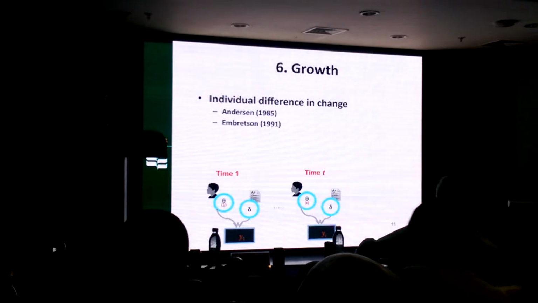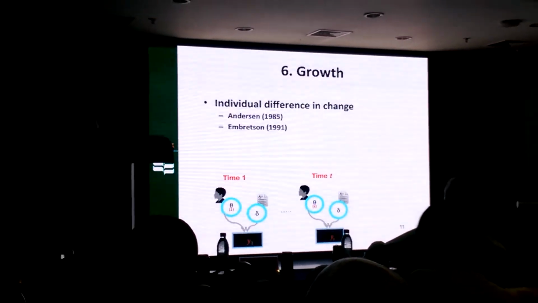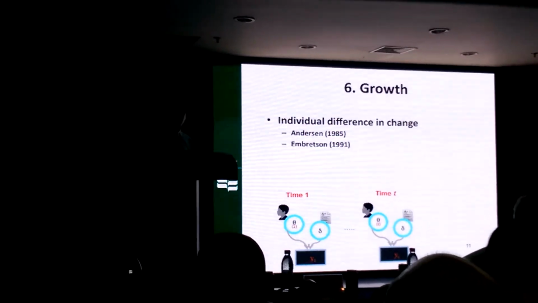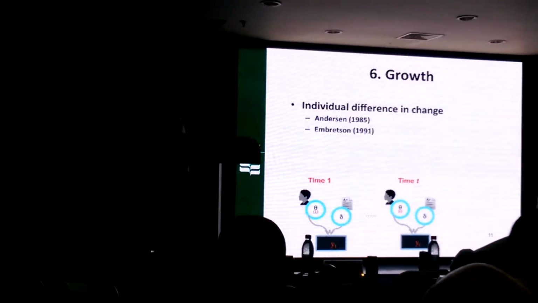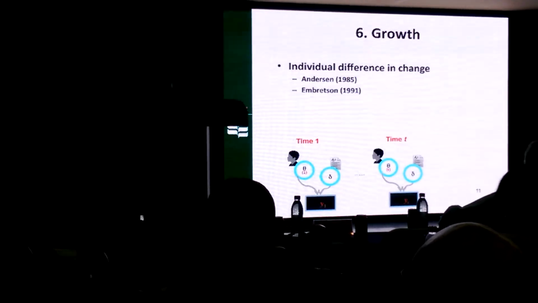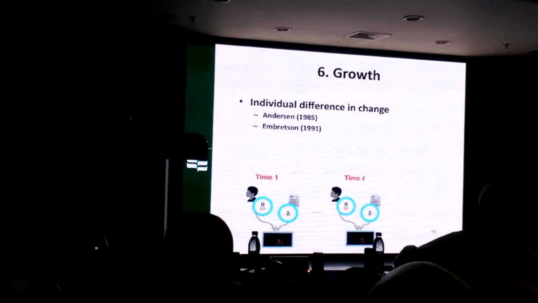One is Andersen in 1985, the other is Andersen in 1991. They just pool the data across years into one big data set and then analyze the big data set jointly. But they didn't address the structure of the data.